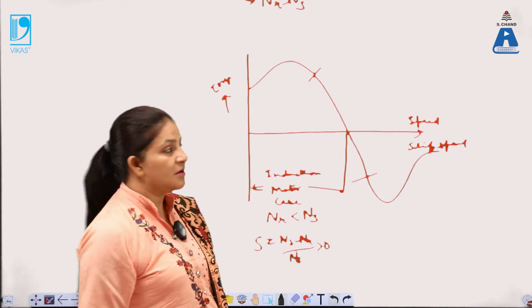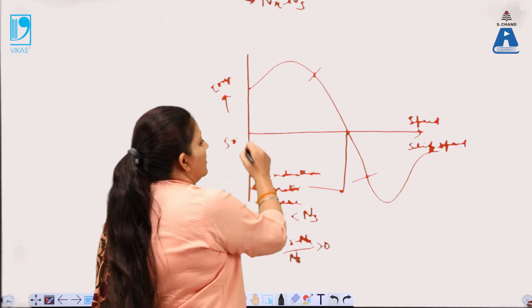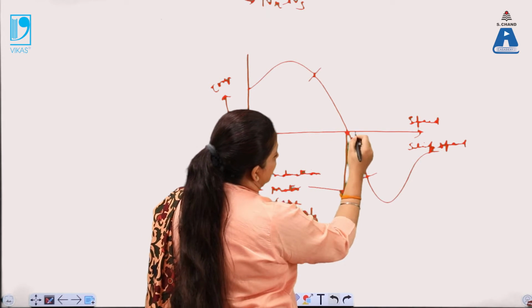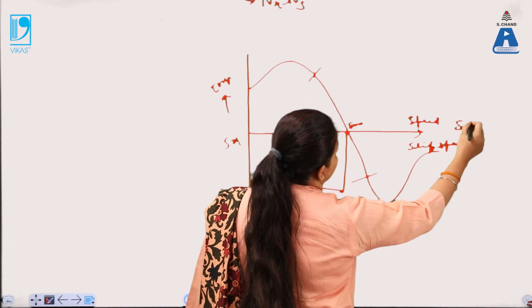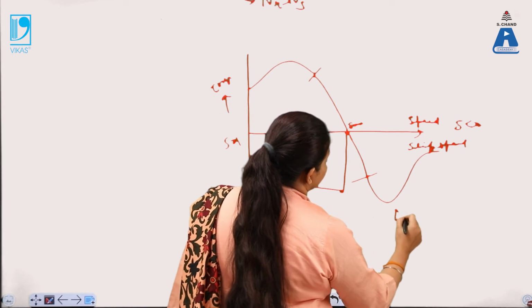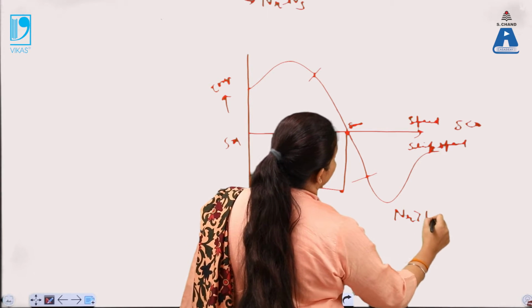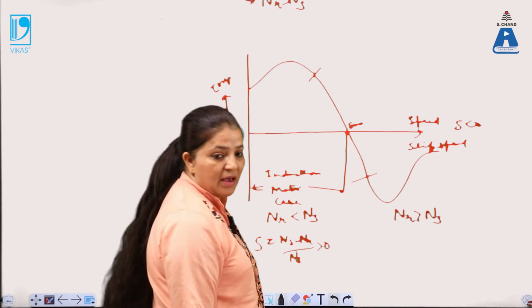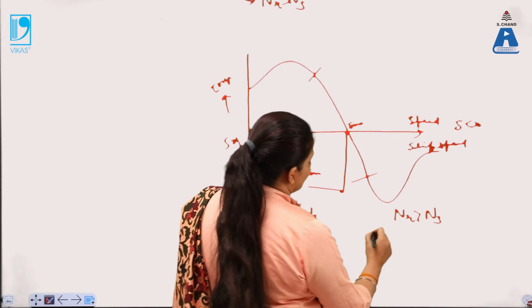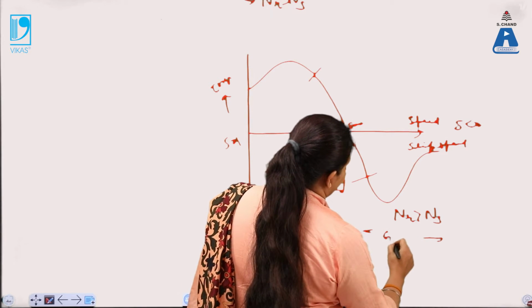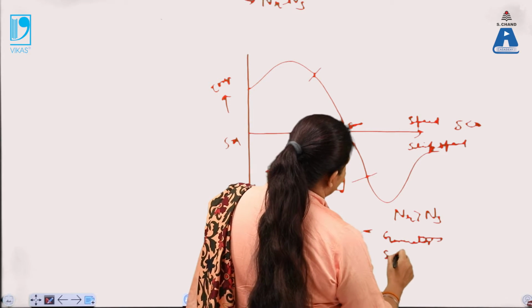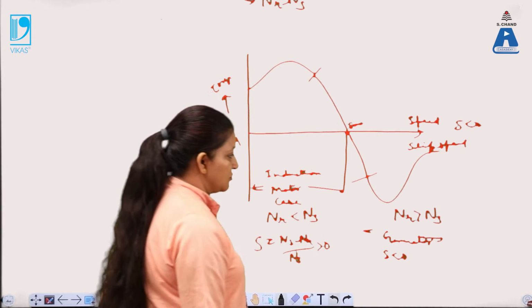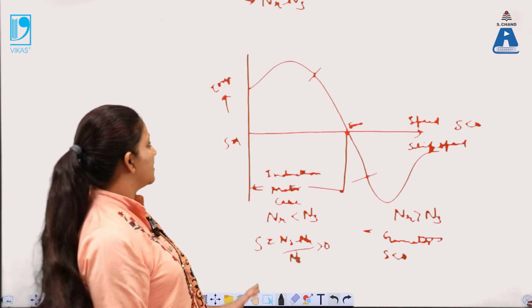Its value is positive here. Now at this point, slip is 0. In this region, slip is negative, because in this region NR is more than NS. So this is the case of the synchronous generator, and slip is negative in this case.